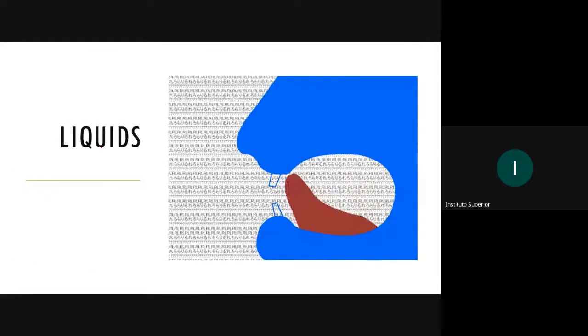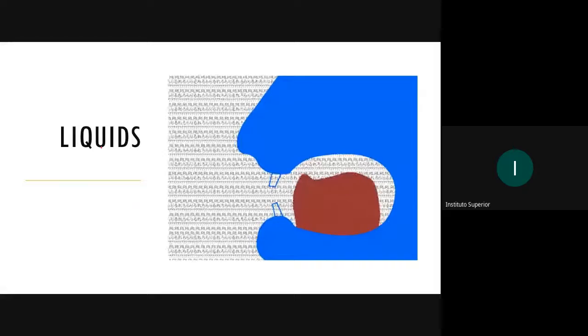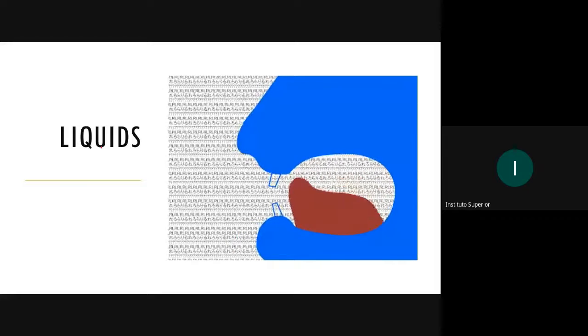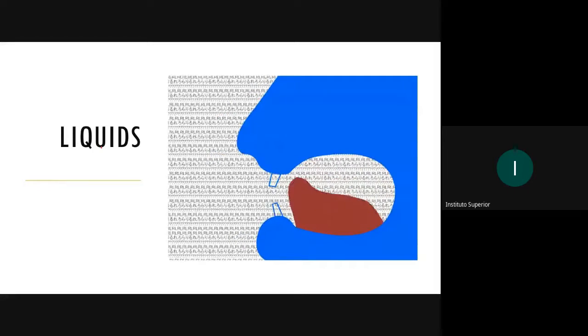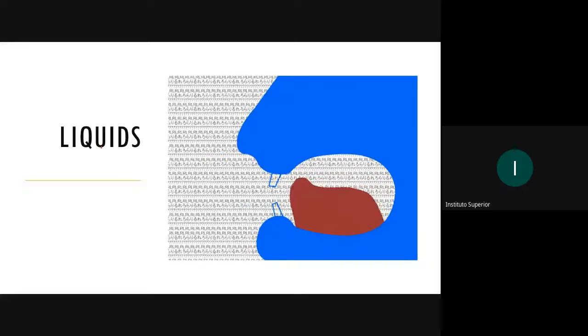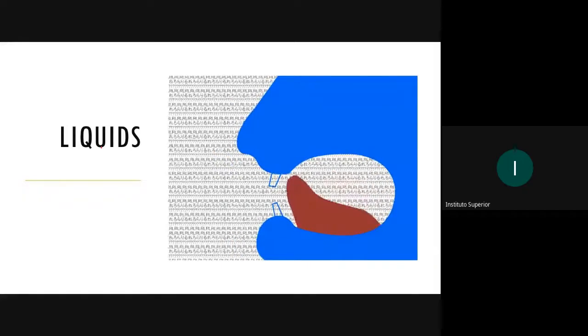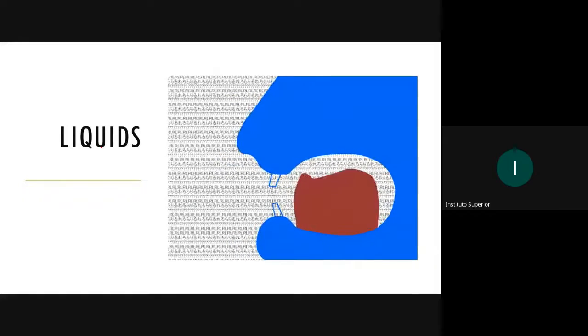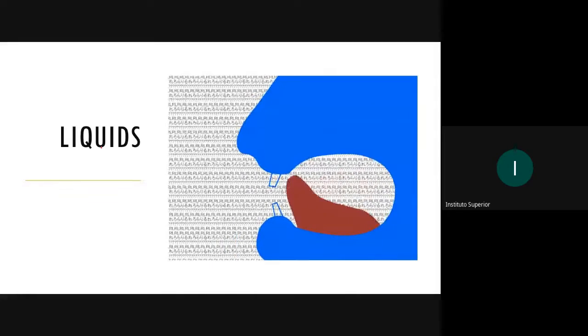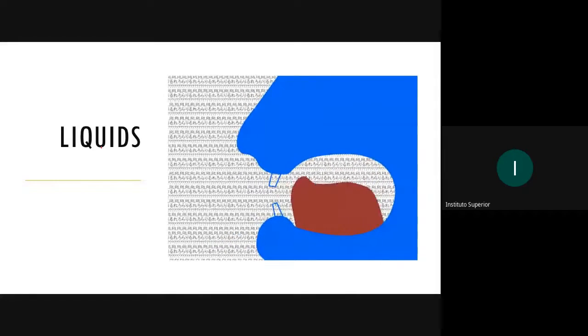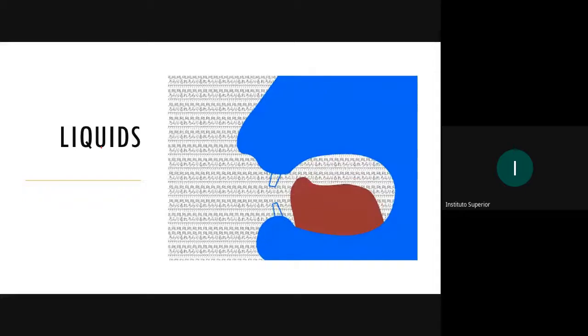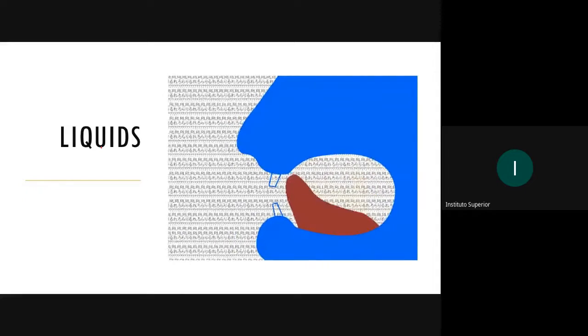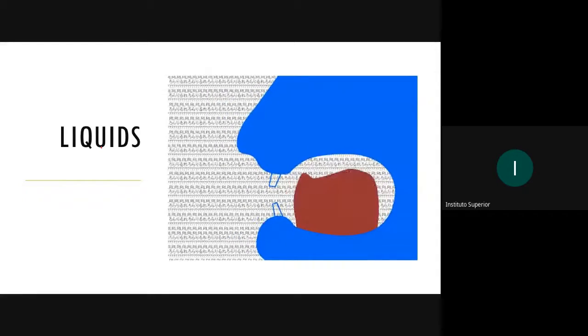Now let's go to liquids. Do you remember from the last class the liquid sounds? When we described the liquid sounds, do you remember? No?